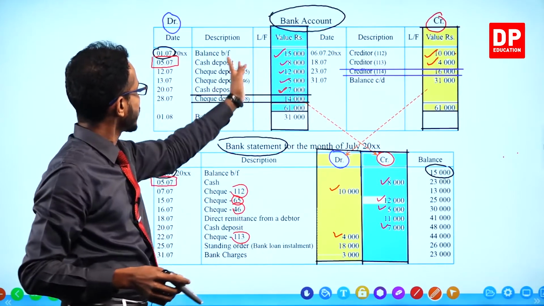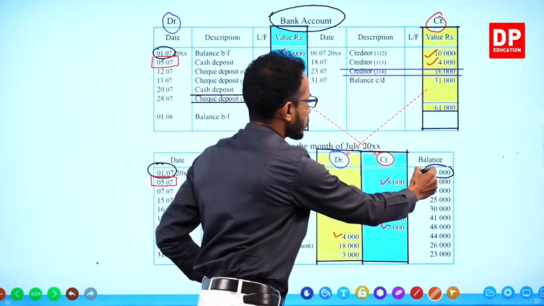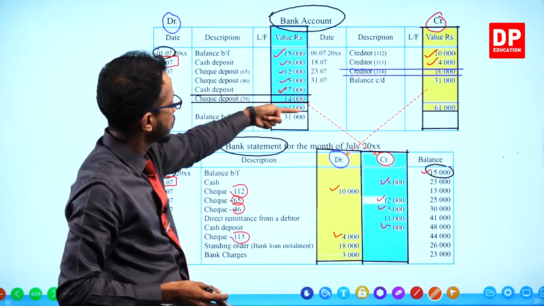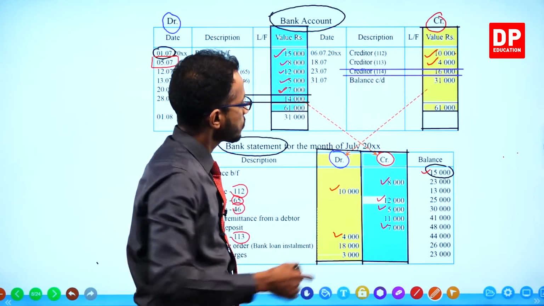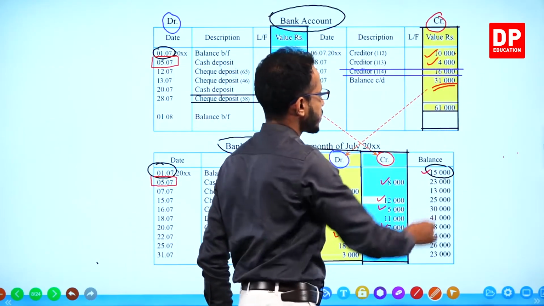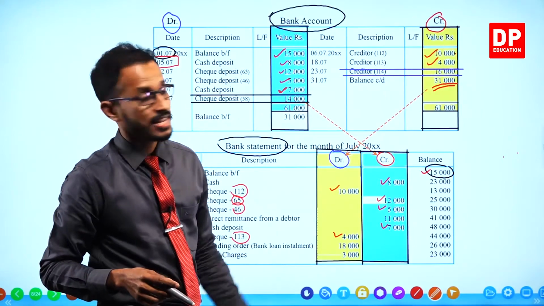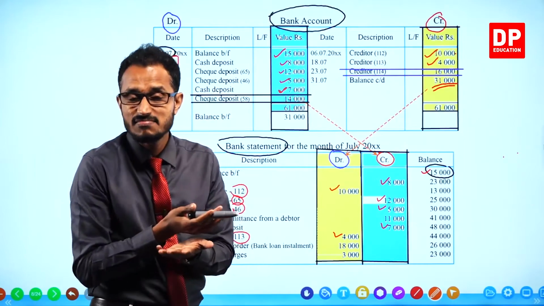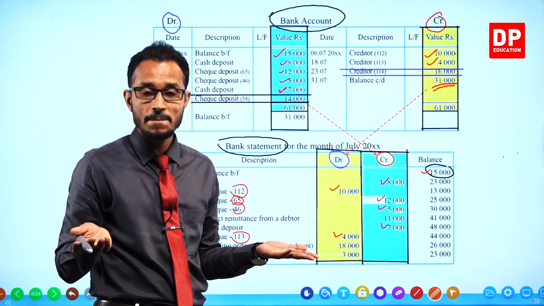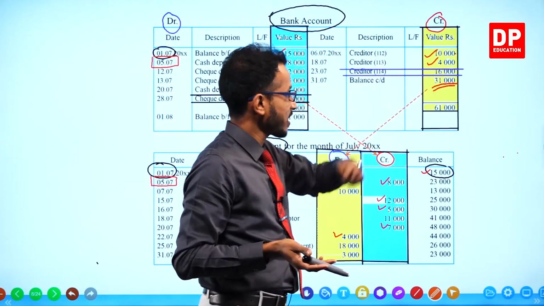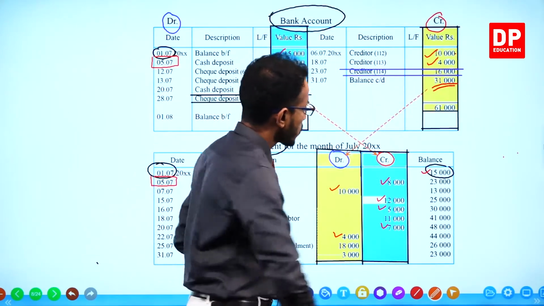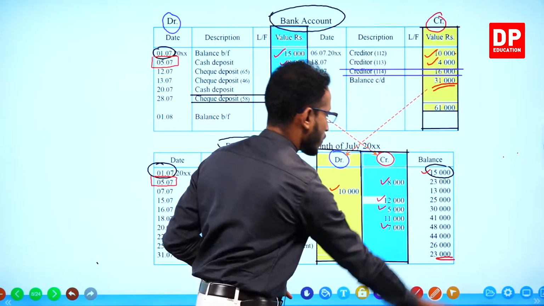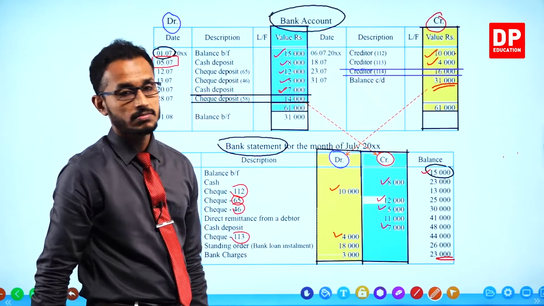These all are checked items. Balance brought forward, we checked. Debit side, all the items are checked. Credit side, all the items are checked. This is balance carried down. That is what the problem is here. That is the difference. The balance carried down of the bank account, the final balance of the bank account, and the final balance of the bank statement are different.